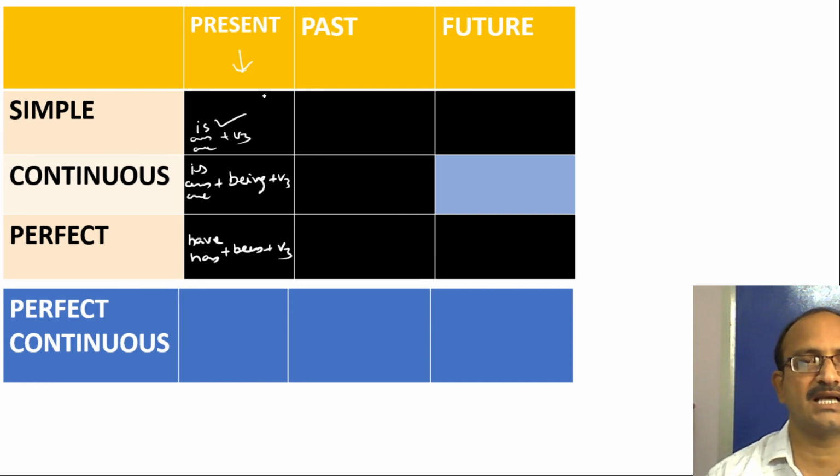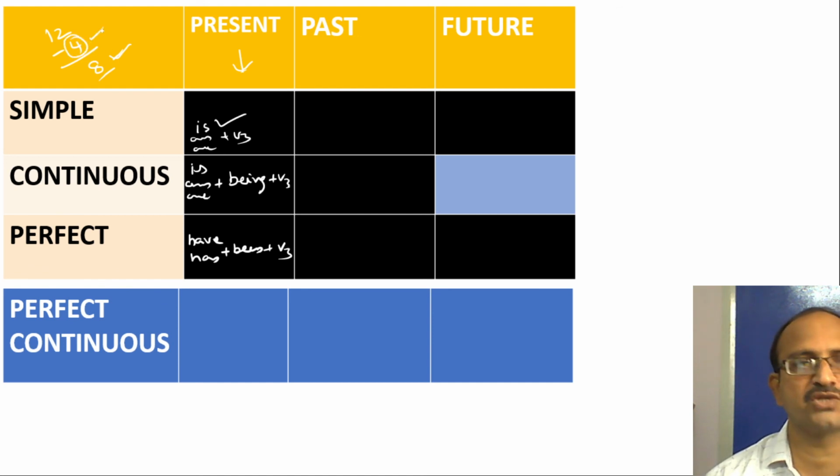So what is the last one in the present tense category? That is present perfect continuous tense. Here is a very interesting concept, students. Actually we have 12 tenses. Out of 12, 4 tenses do not have any passive forms. Subtracting those 4, we have only 8 tenses. So we are going to learn changing from active voice to passive voice for only those 8 tenses, not for these 4.